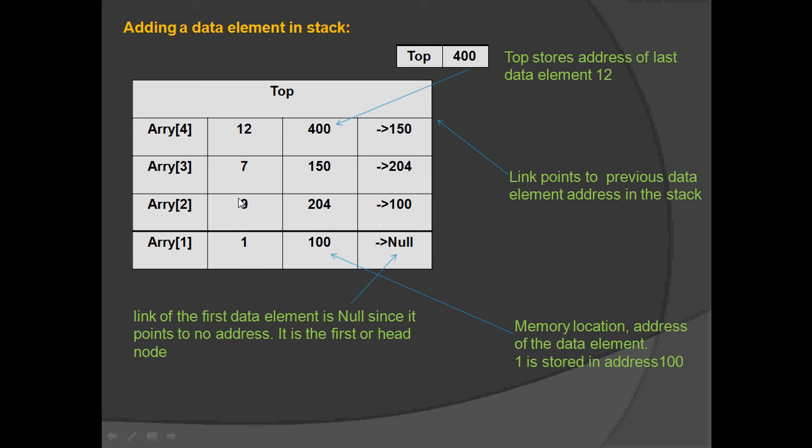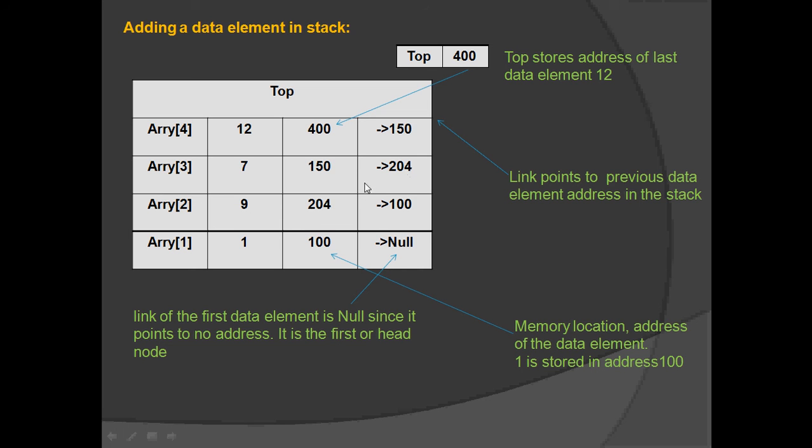Again, when another data is pushed, suppose 7, this is the actual address where it is stored. 7 is stored at 105, but in the stack it is in the third position. So now this has to be linked to the second one, so that the link of this will contain the address of the second data element, that is 204.